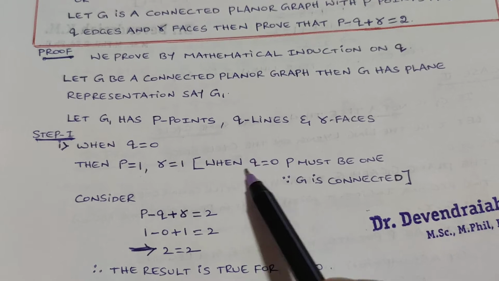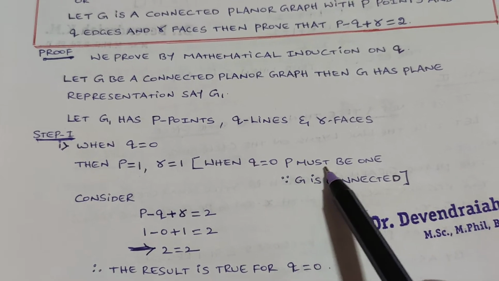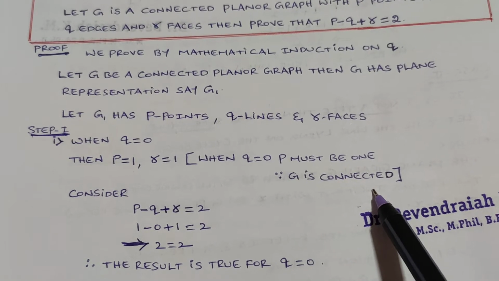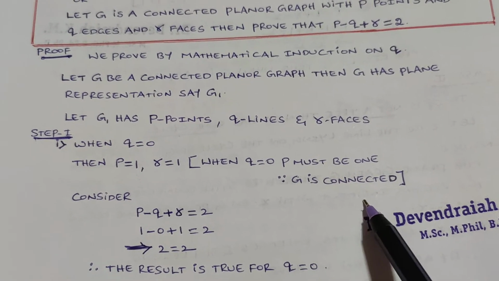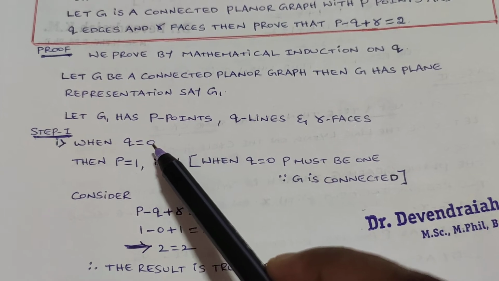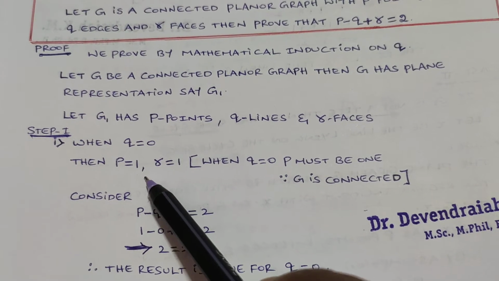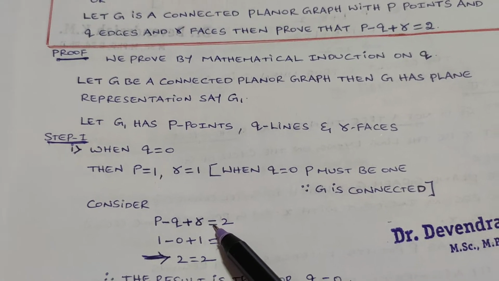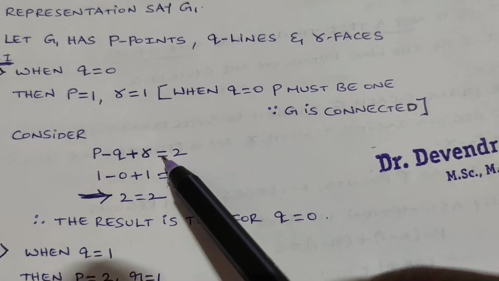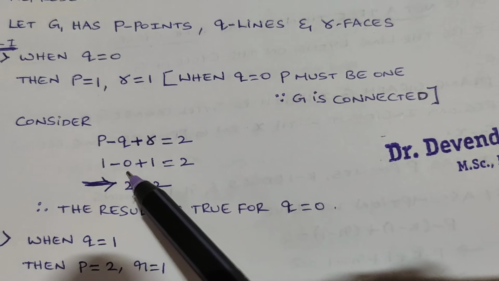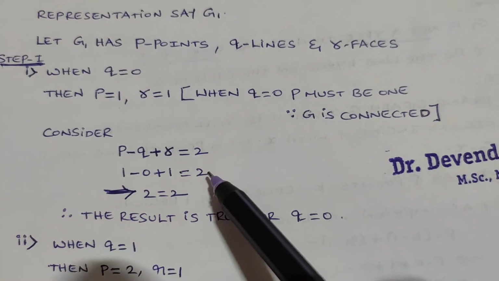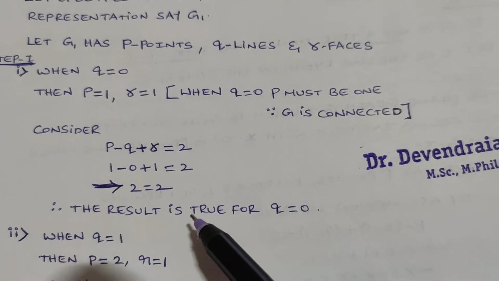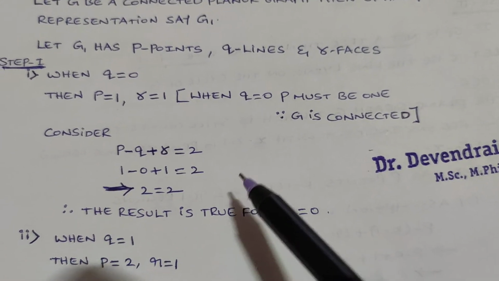That is, when Q is 0, P must be 1 since G is a connected planar graph. So apply Q as 0, P as 1 and R as 1 in Euler's theorem. So 1 minus 0 plus 1 equals 2. So 2 equals 2. We are verifying the result for Q equals 0.